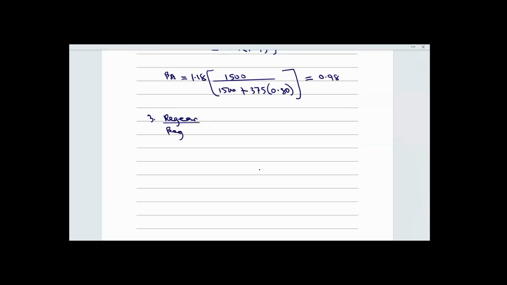Beta equity of the geared firm is equal to beta assets multiplied by 1 plus (1 minus tax) multiplied by the debt equity proportion of Ferrari in this case. Ferrari is the main company.